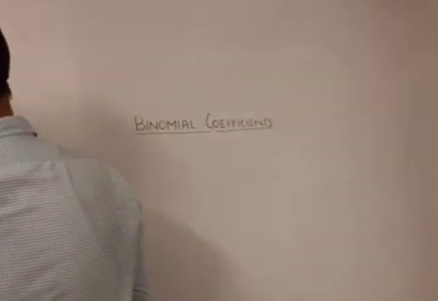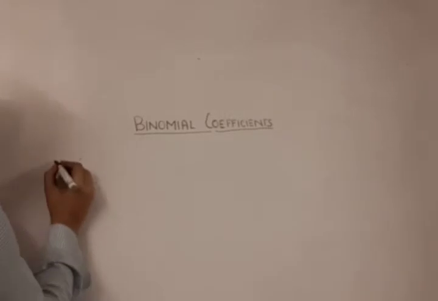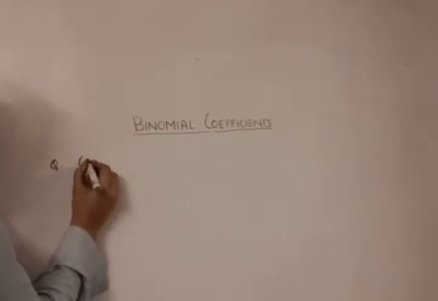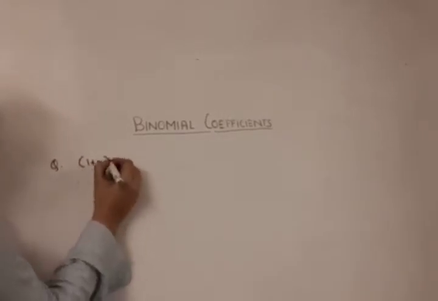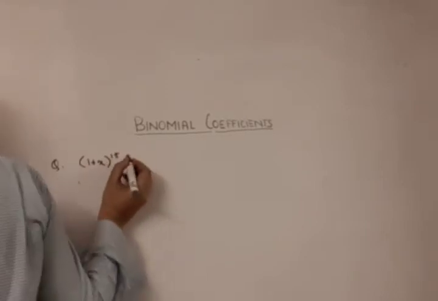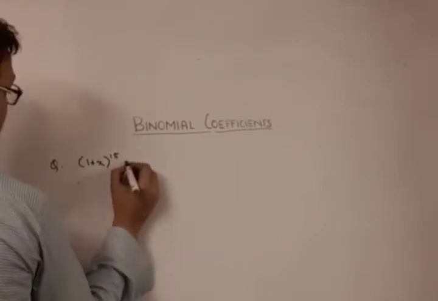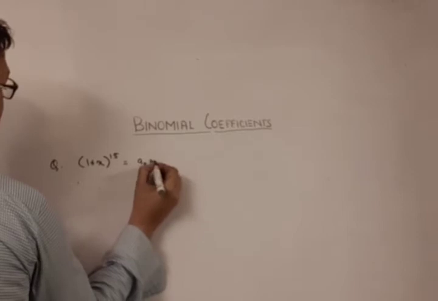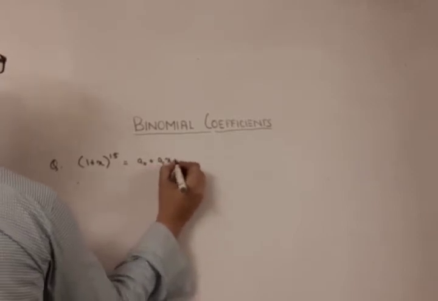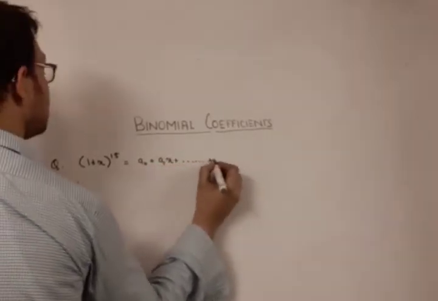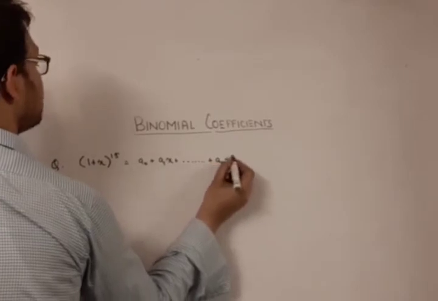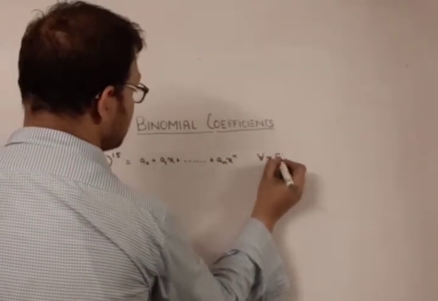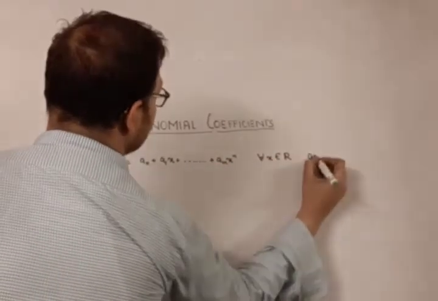So I'll just solve a question for example for your convenience. So what I need is the question here. What I have is (1 plus x) whole to the power 15 is equal to a0 plus a1 x plus dot dot plus an x to the power n, for all x belonging to the reals. It is given.